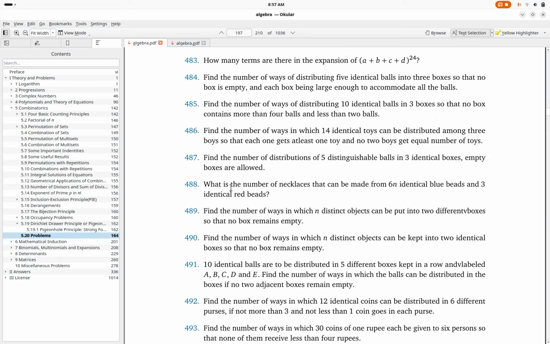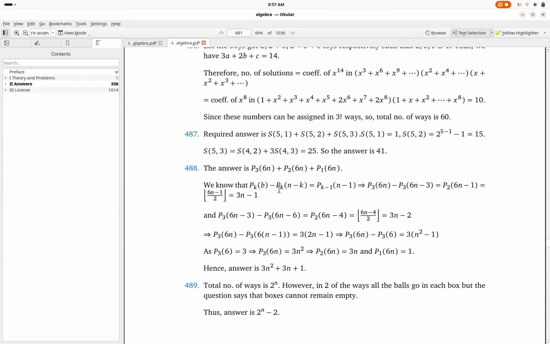Question 488 says, what is the number of necklaces that can be made from 6n identical blue beads and 3 identical red beads? So the required answer is P3(6n) plus P2(6n) plus P1(6n).